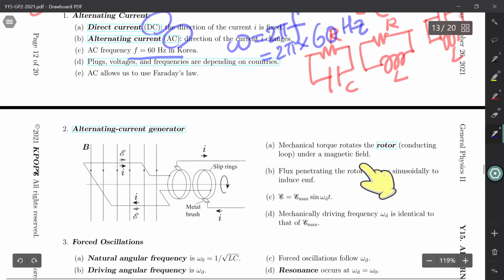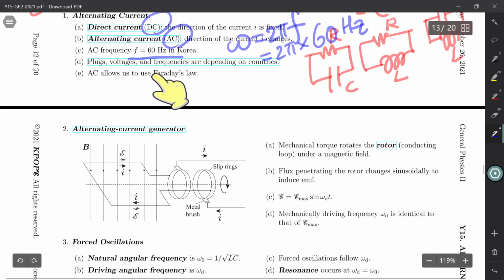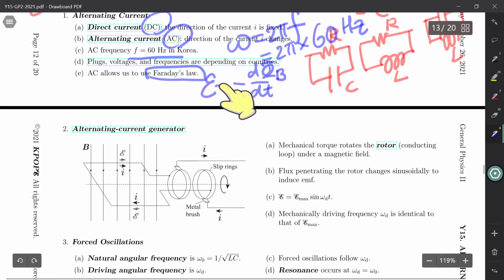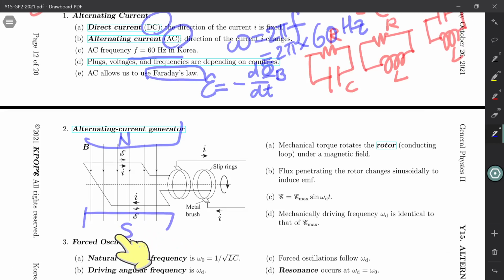The reason for using the alternating current is actually the electricity is generated based on Faraday's law. Changing magnetic flux gives rise to the EMF, and changing magnetic field is easily made by applying both poles of fixed magnet.